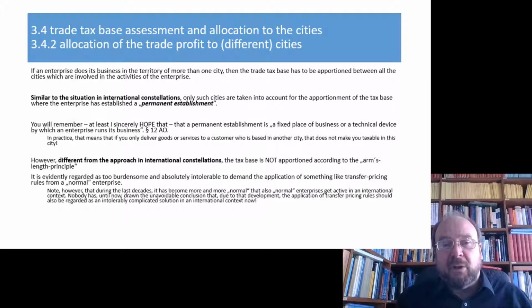So what we have, for decades already, regarded as intolerable and too complicated for an enterprise is to split up the total profit of an enterprise obtained in a single market according to fictions, as if all parts of the enterprise had been independent and charged each other market prices. We have already seen that this is intolerable, unbearable, too costly, and too arbitrary.